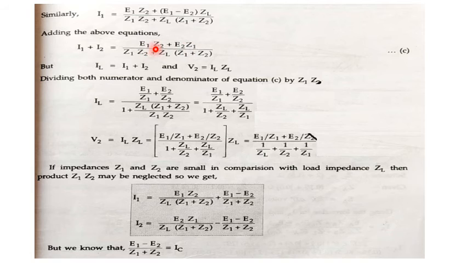If you divide by Z1 Z2, the equation becomes E1 Z2 divided by Z1 Z2, where Z2 Z2 get cancelled, that is E1 divided by Z1, plus E2 Z1 divided by Z1 Z2, where Z1 Z1 get cancelled, E2 divided by Z2. In the denominator, Z1 Z2 divided by Z1 Z2 gets cancelled, giving 1 plus ZL (Z1 plus Z2) divided by Z1 Z2.